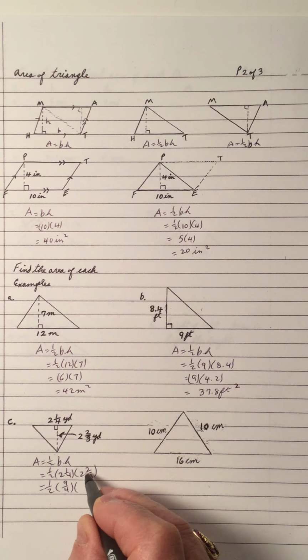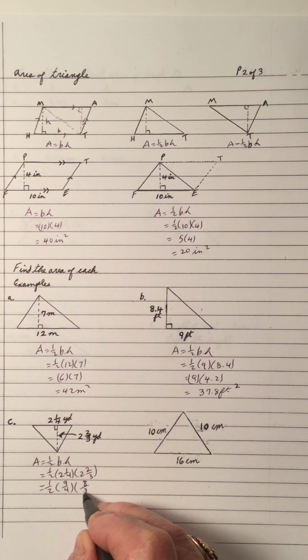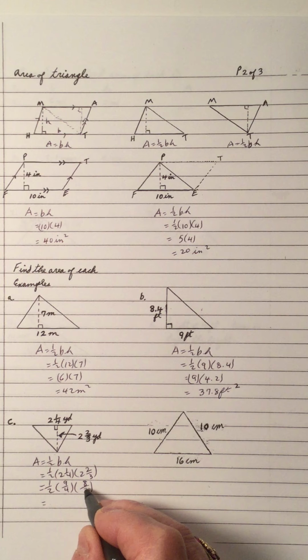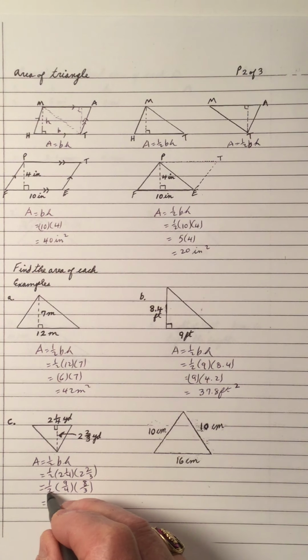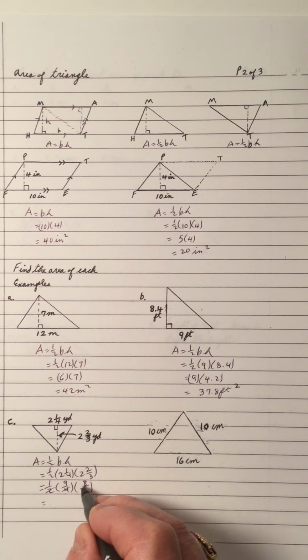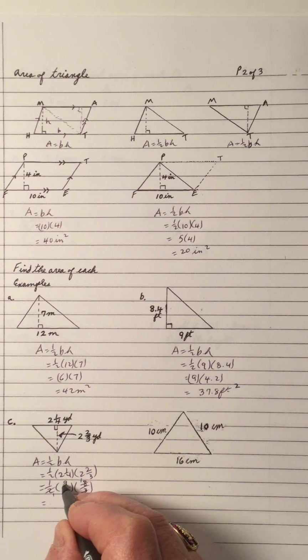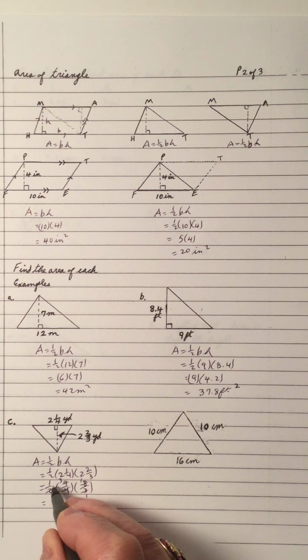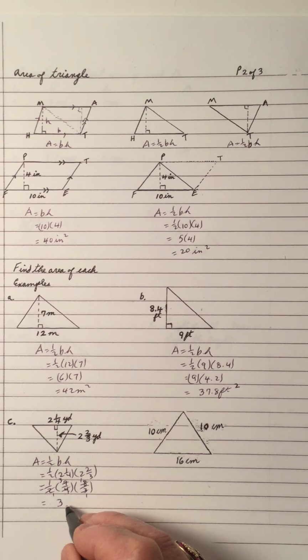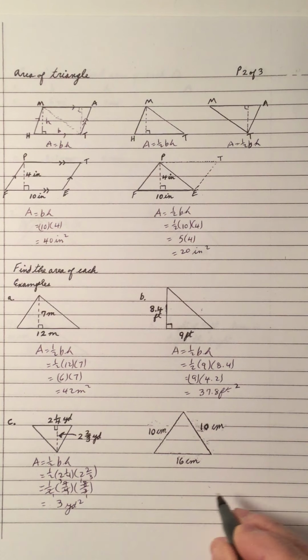And 2 times 3 is 6, plus 2 is 8 over 3. And we can cancel here. The 2 and the 4 make 8 on the bottom, with the 8 on the top, they cancel. The 3 cancels into the 9 3 times, so we get 3 times 1 times 1 is 3 over 1. So the area is 3 yards squared, or 3 square yards.